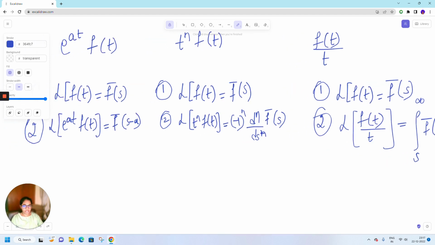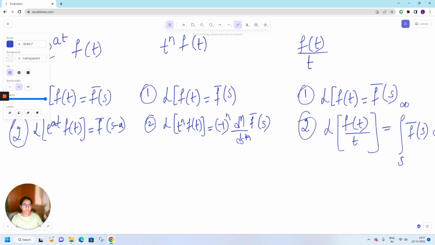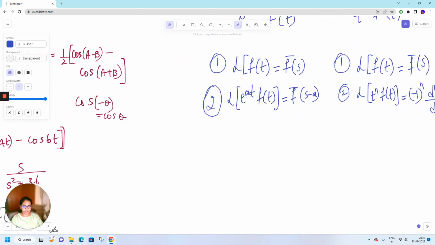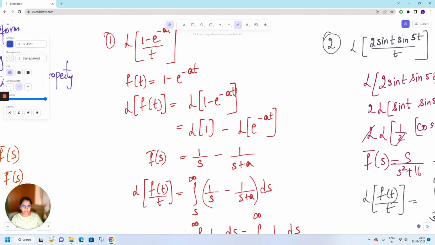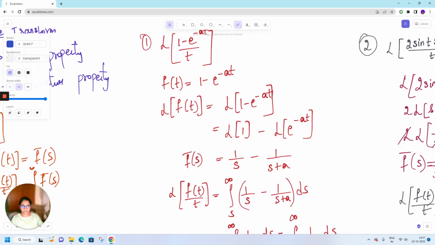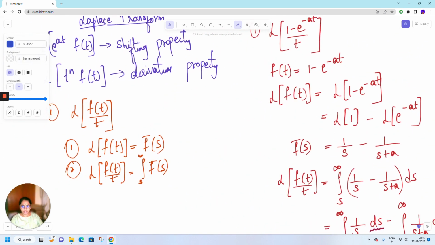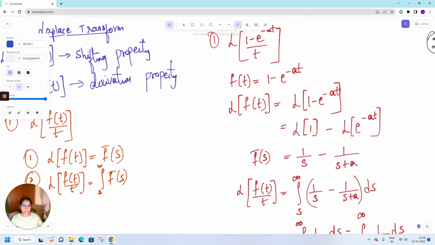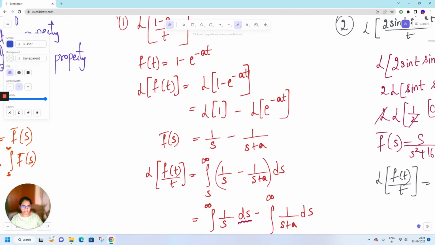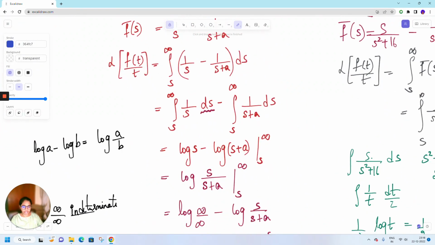Okay, so these are the three important properties that we use to find Laplace transform. So what did we study in today's class? We studied how to find the Laplace transform of functions in the form of f of t divided by t. As I told you, first identify f of t, find the Laplace of it, and then integrate it.